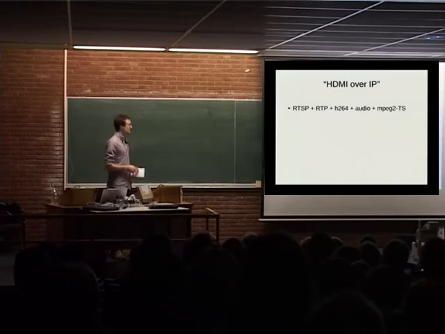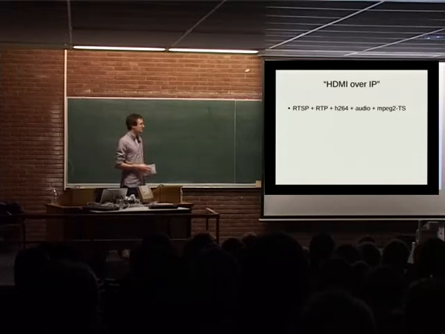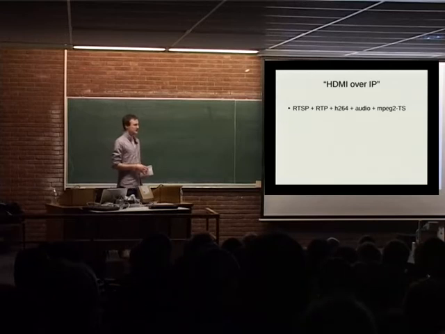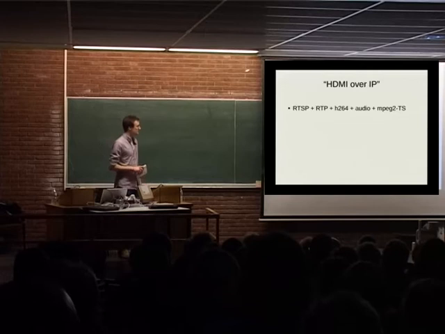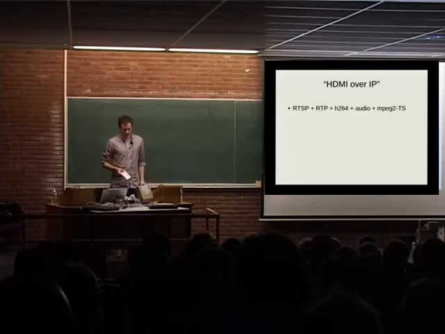To encode data, MPEG-4 is used, as said. For audio, which you can also optionally transmit, there are AC3, AAC, and some other formats, so anything you want, basically. And then it's put into an MPEG-2 transport stream, so you get reliable transmissions.